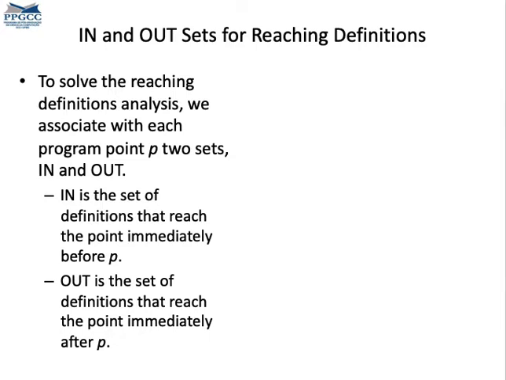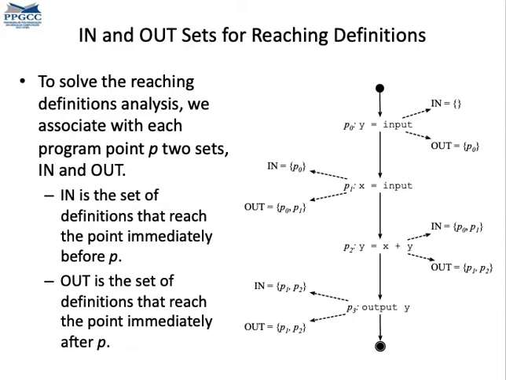And as in the previous analysis, we can save data flow information in the in and out sets. We have one in and one out set for each instruction. In is the set of definitions that reach the point before the instruction, and out is the set of definitions that reach the point after the instruction. Here you have an example. Take a look into this program.